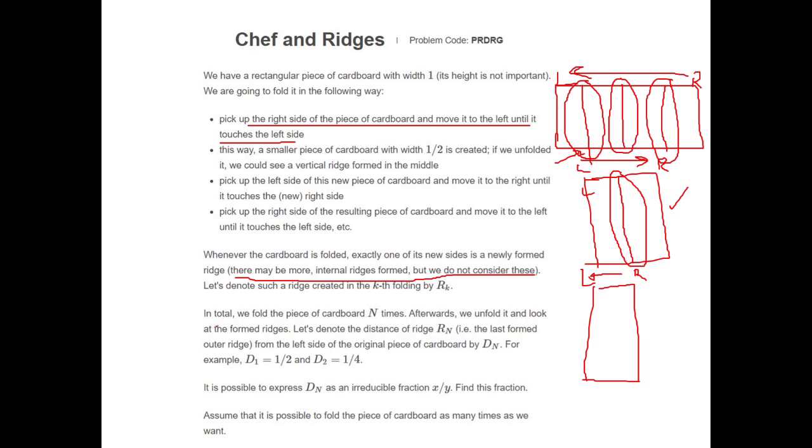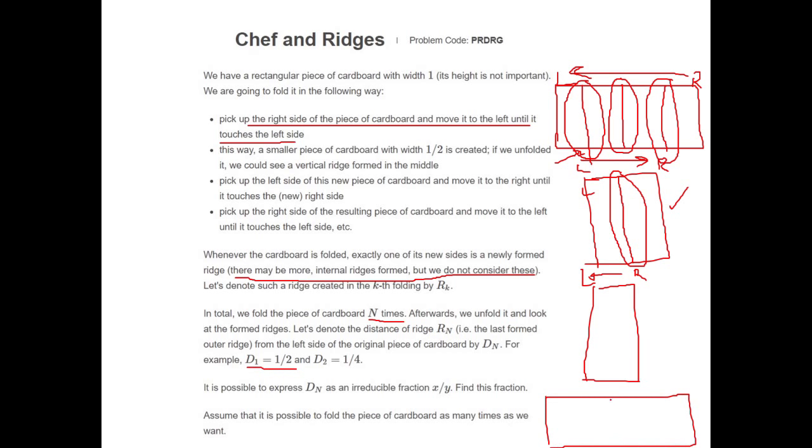Let's read ahead. In total we fold the piece of cardboard n times. After we unfold it and look at the formed ridges, let's designate the distance of the ridge Rn, that is the last ridge, from the left side of the original piece of cardboard by dn. For example, d1 is equal to 1 by 2. So for the distance d1, when we fold it, there will be only a single ridge, and we will be taking this distance from the left-hand side.